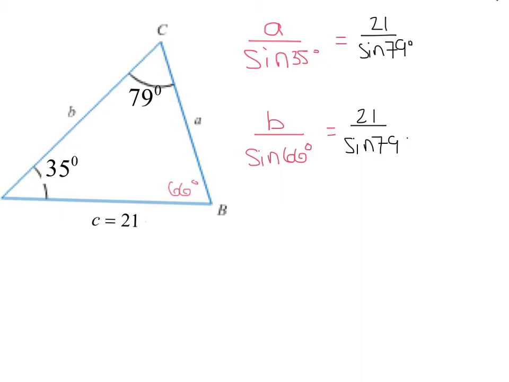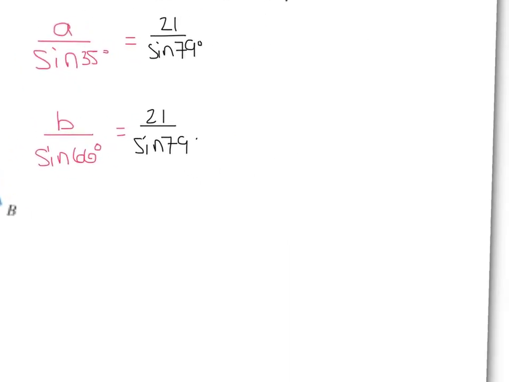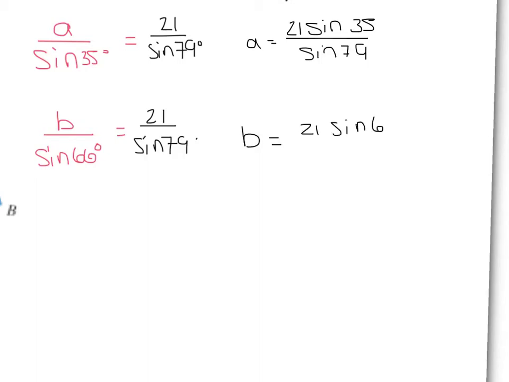So here if I'm looking for A, I'm going to get A equals 21 sine 35 over sine 79. And here little b equals 21 sine 66 over sine 79. Let's put that into our calculators.